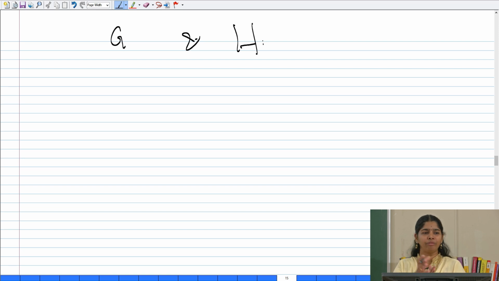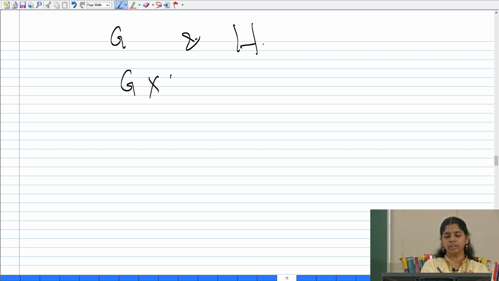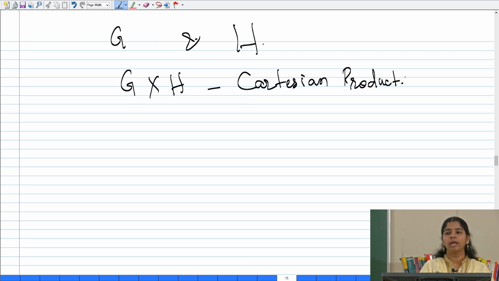Usually you have seen sum of two graphs, if you have a union of two graphs you do sum and join, all those things. One other possible operation that you could do with graphs is product, right. So, the one product is called the Cartesian product. There are a lot of studies in this field also. Okay. So, what is the Cartesian product of two graphs?